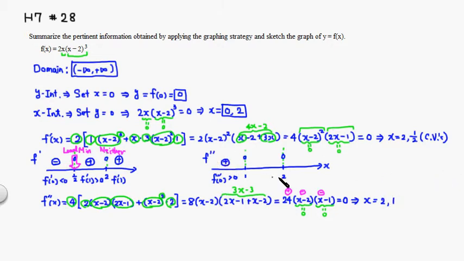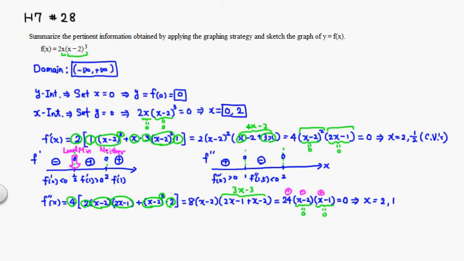Right, so if you try anything between 1 and 2, so we have to try f double prime of 1.5. Right, so if you do 1.5 minus 2 is going to be still negative, but 1.5 minus 1 is actually positive here. So it's positive times positive times negative is negative. Right, so there's a concavity change at 1.